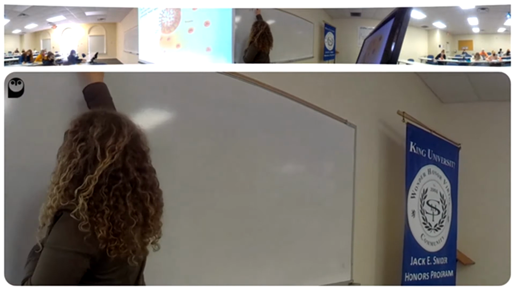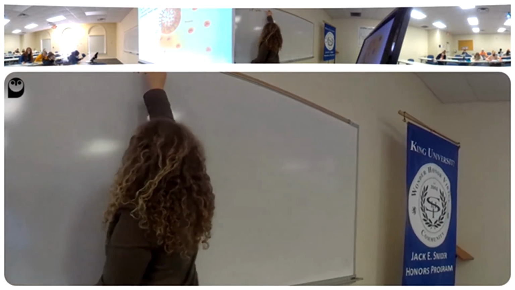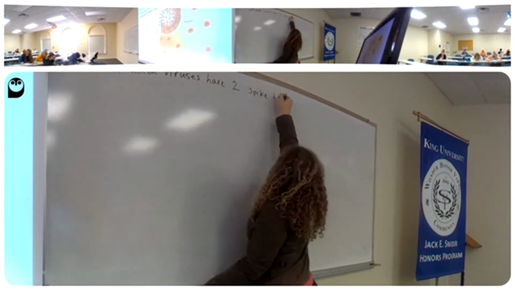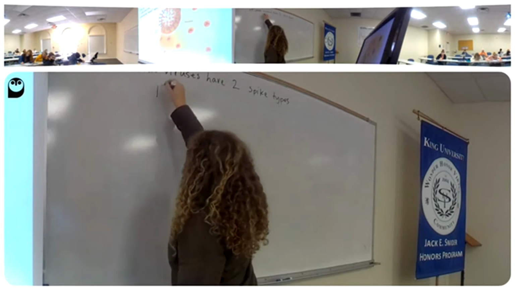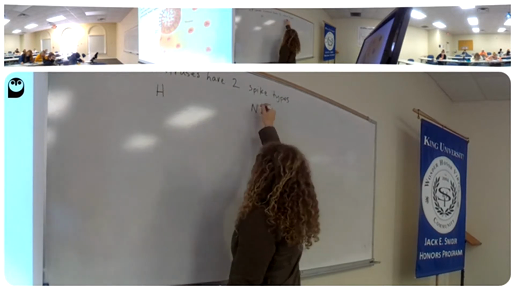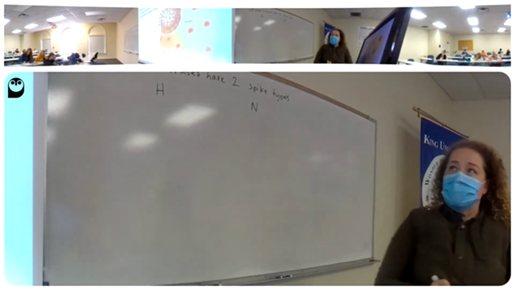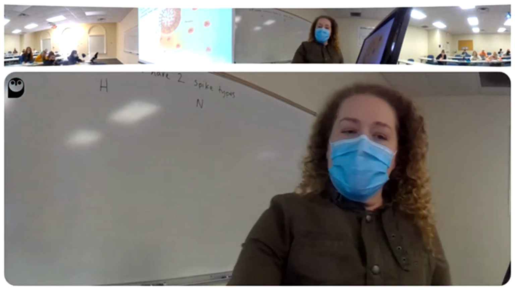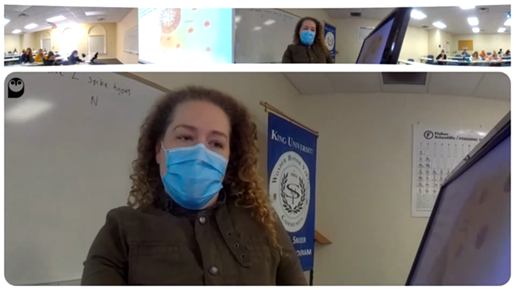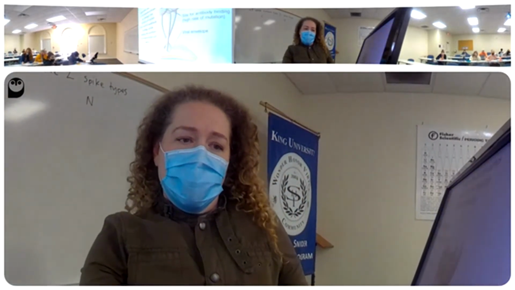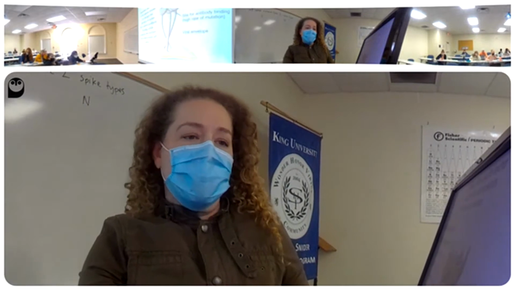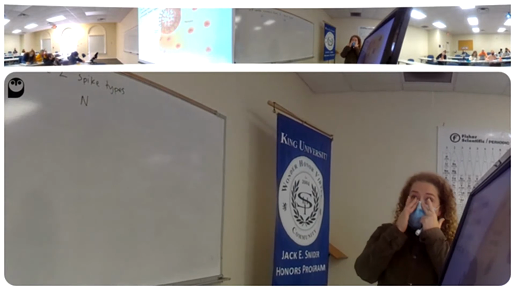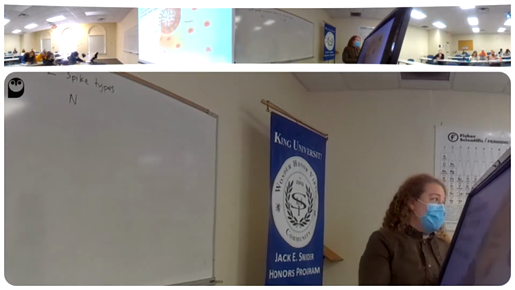Influenza viruses have two major spike types that are called H and N. I'm going to come back to this slide. I don't have a good picture of the H and N yet, but they have two spike types. The spikes control what cells can be infected.